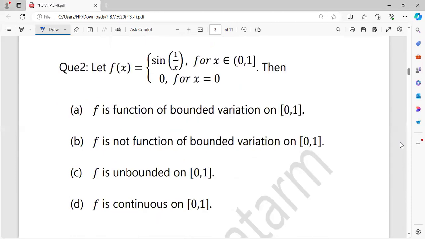It is given f(x) is equal to sin(1/x) for x belonging to (0, 1], and at 0 it is 0. Option 1 is f is a function of bounded variation on closed interval [0, 1]. Second is f is not a function of bounded variation on closed interval [0, 1]. C is f is unbounded on closed interval [0, 1]. D is f is continuous on closed interval [0, 1]. Okay.